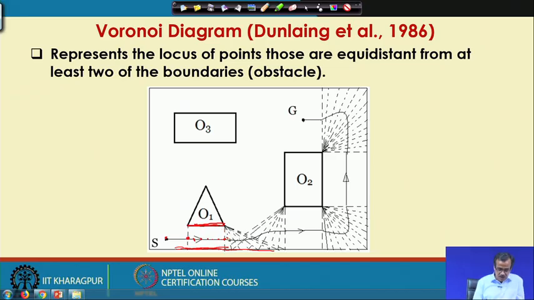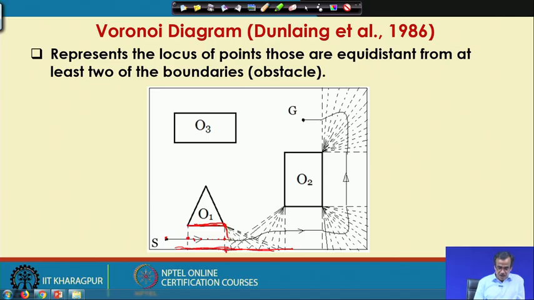Once I have reached this point, now I will have to consider this point, that is the vertex of this obstacle, and the boundary of the field. If I consider this is one point and this is another point lying on the boundary, this is the midpoint.